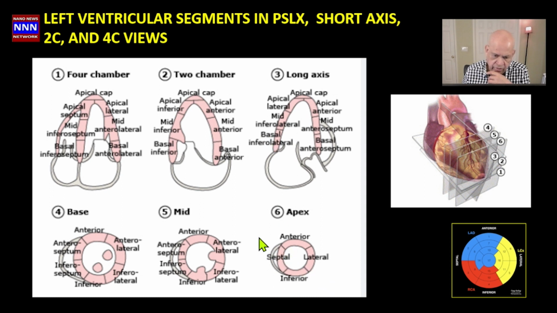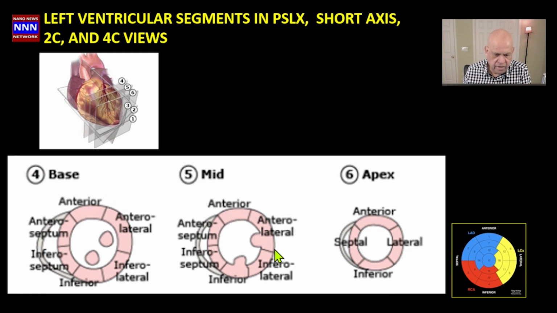This is going this way. And in the short axis, again, it's very easy to identify the segments. We have the anterior wall, the inferior wall, and then you can call this one anteroseptal, inferoseptal, anterolateral and inferolateral, septal and lateral towards the apex.